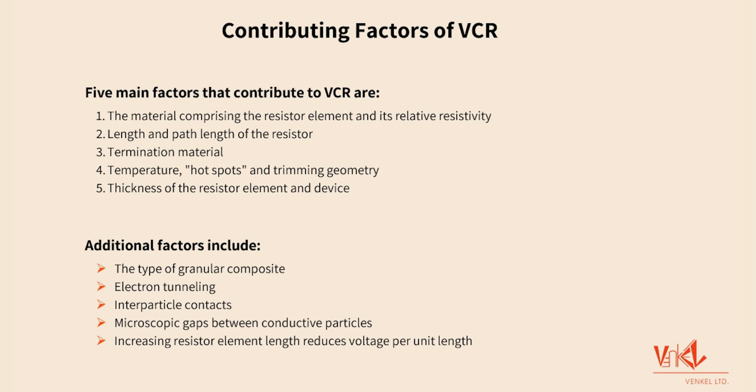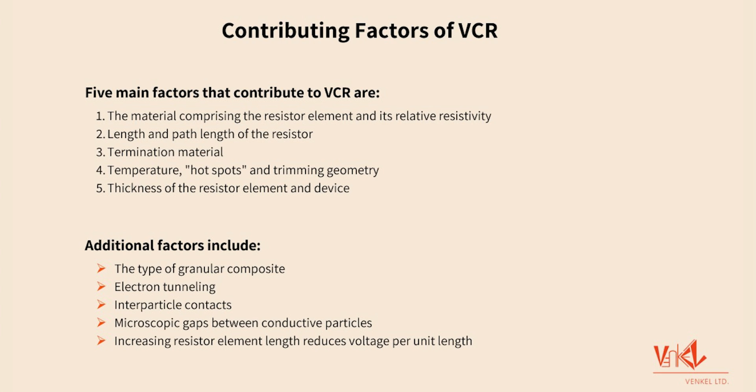Secondary effects include phenomena such as electron tunneling, interparticle contacts, and microscopic gaps between conductive particles, which are particularly relevant in granular or composite materials. These interactions impact how efficiently electrons move through the material, contributing to variations in VCR.